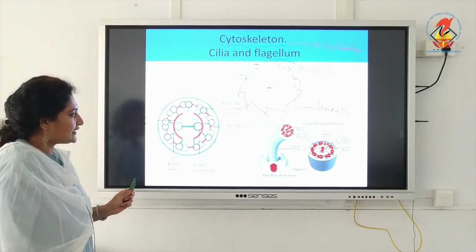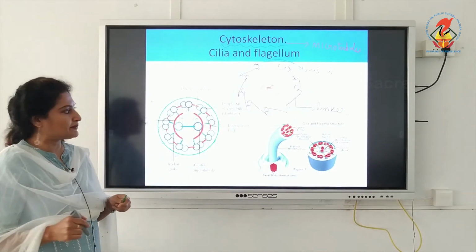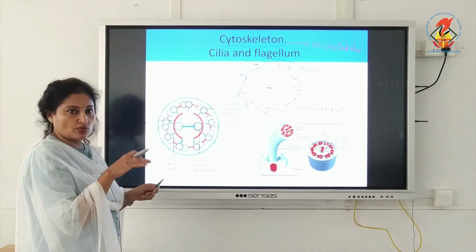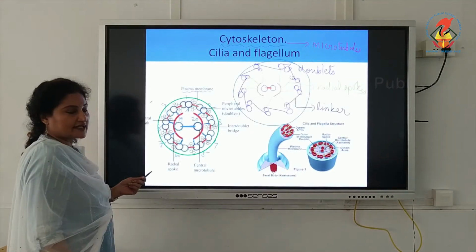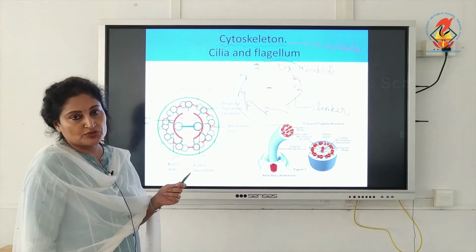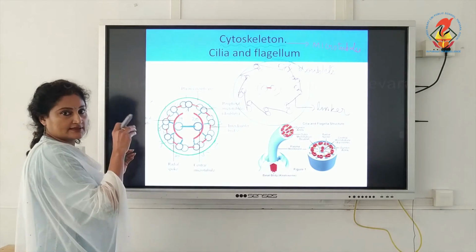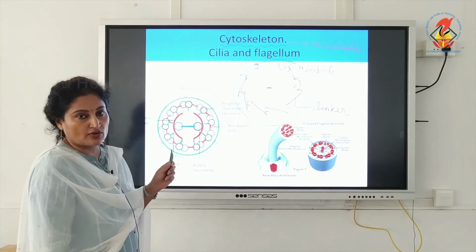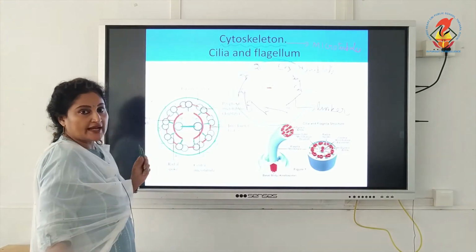So once again, the ultrastructure of the cilia or flagellum is surrounded by the plasma membrane, and the central core, the remaining part of the cytoplasm, is called the axoneme. In the axoneme, the 20 microtubules are located, with 9 pairs of these microtubules called doublets arranged at the periphery. So 9 doublets are arranged at the periphery and 2 microtubules at the center.